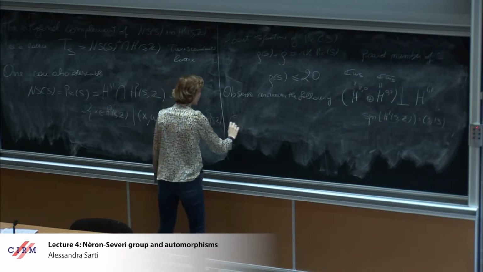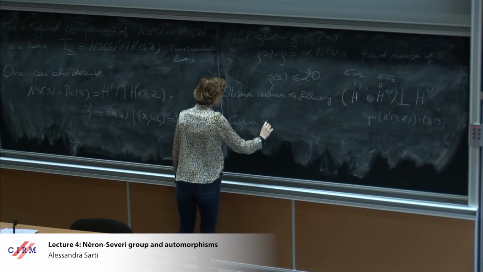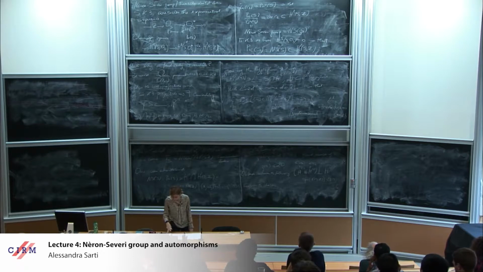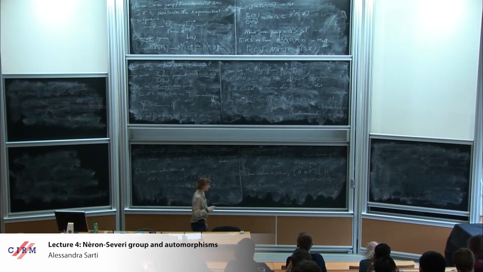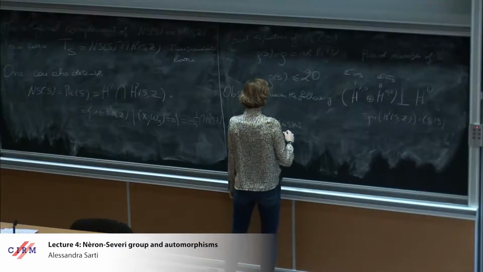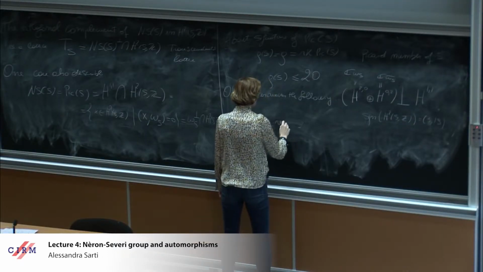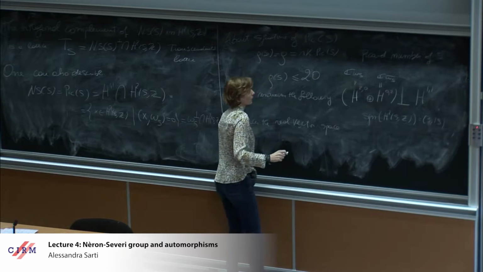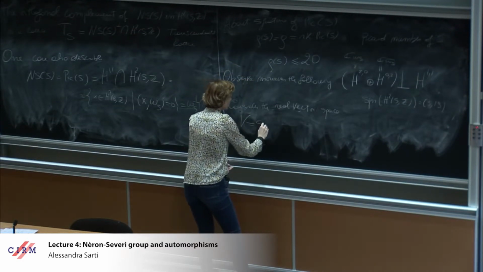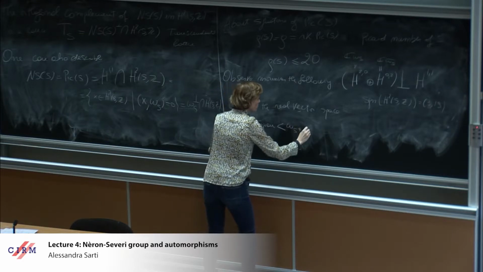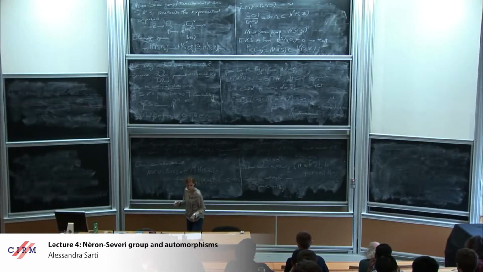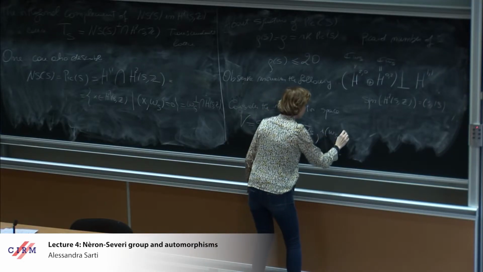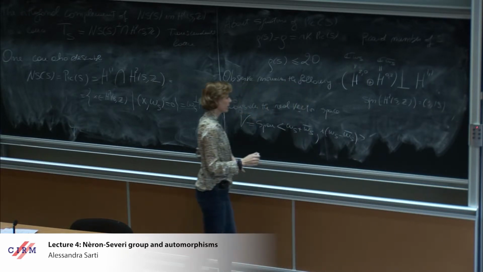Now consider the real classes, or better, the real vector space V, which is the span of omega_S plus omega_S bar, and another one, i times omega_S minus omega_S bar, which come from the real part and imaginary part.